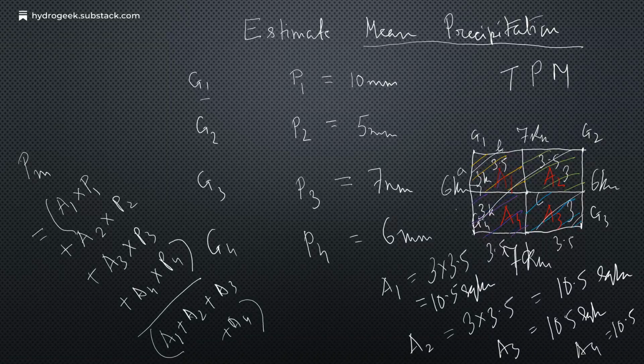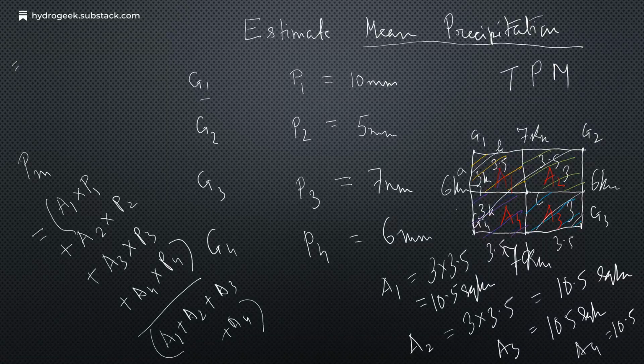As this is a rectangular watershed and you are bisecting its sides, it will create 4 different rectangles within the original rectangle. So as you have found, A1, A2, A3, A4 are all 10.5.